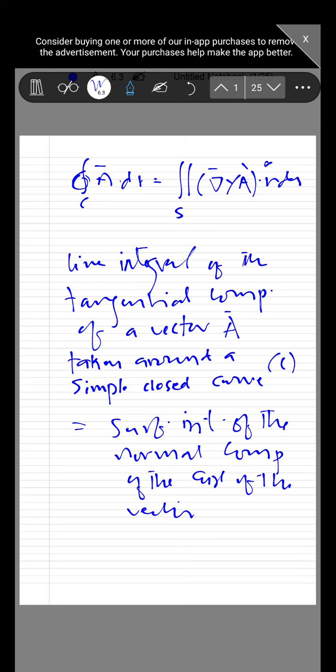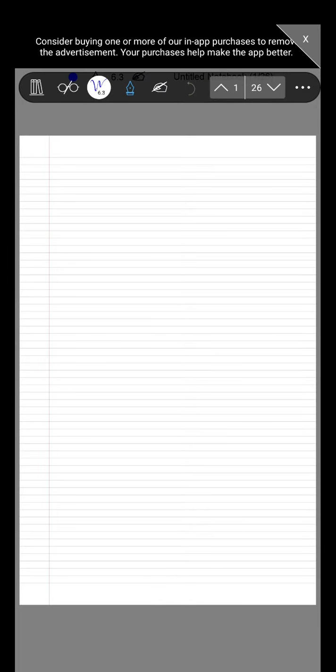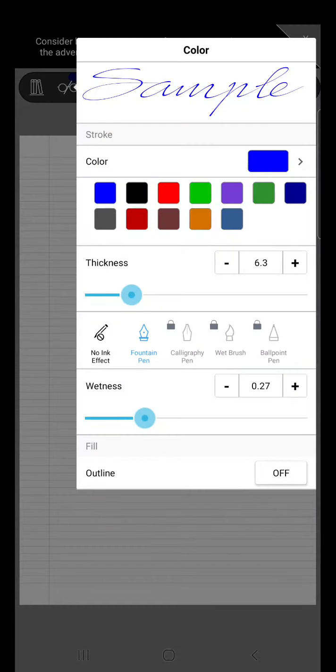So it is the Stokes theorem. Then we have the divergence theorem.